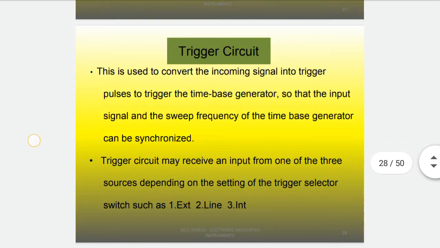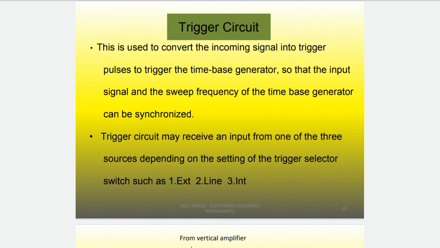Coming to the trigger circuit. This is used to convert the incoming signal into trigger pulses to trigger the time base generator, so that the input signal and the sweep frequency of the time base generator can be synchronized.